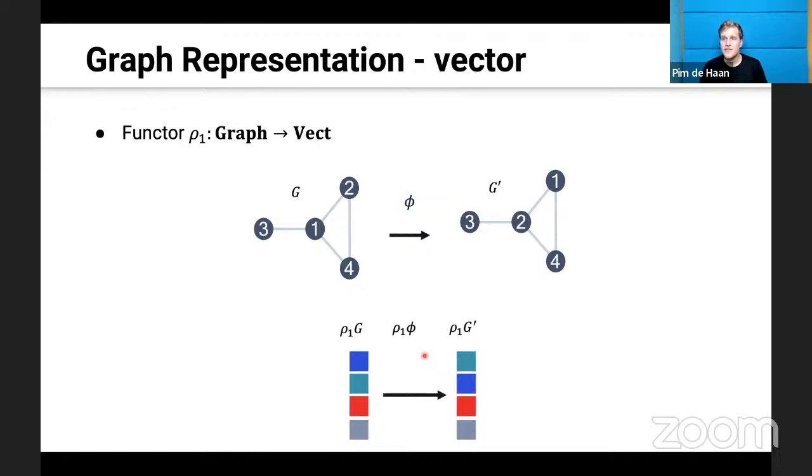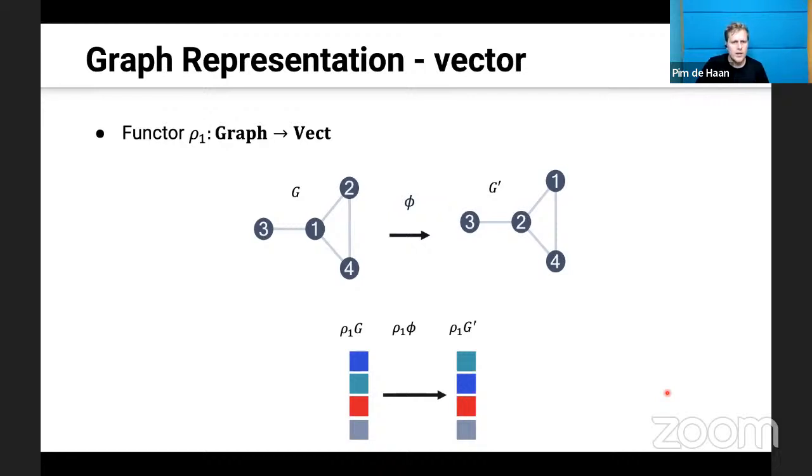Another representation is the vector representation. So we can assign to a graph of 4 nodes a 4-dimensional vector space, and then if we map with a graph isomorphism, then we apply the isomorphism also on the set of dimensions of the vector, and then we transform this vector as such.